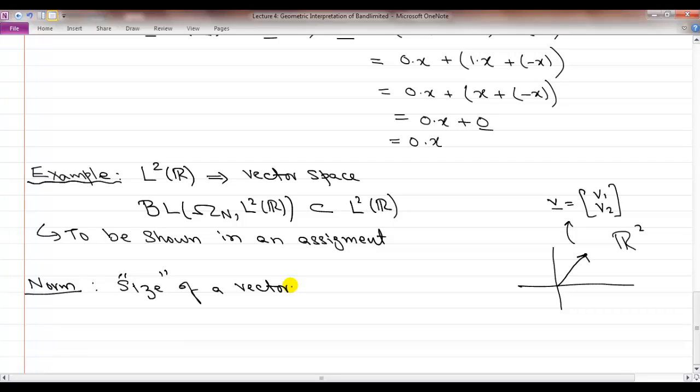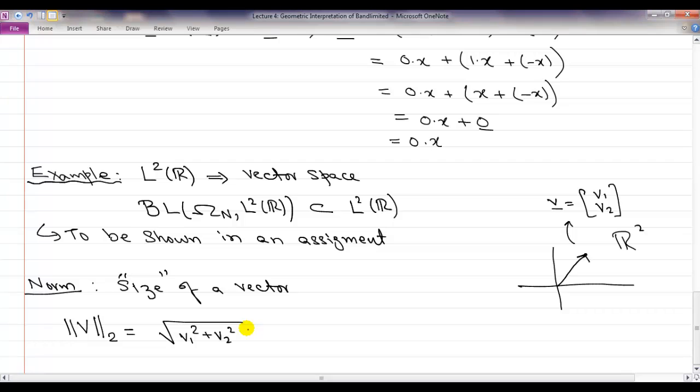We know how to define norms in Euclidean spaces. In R2, the notation for norm is these two double bars, and we define the norm to be simply the square root of v1 squared plus v2 squared. If you are in more than 2 dimensions, you just extend that.